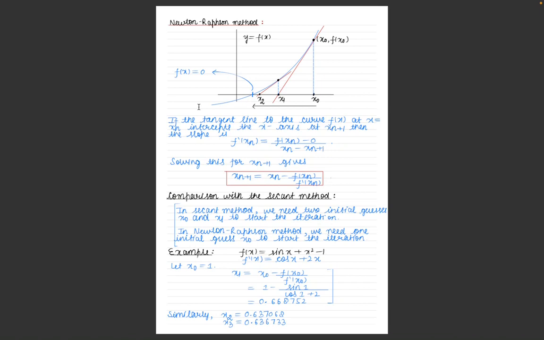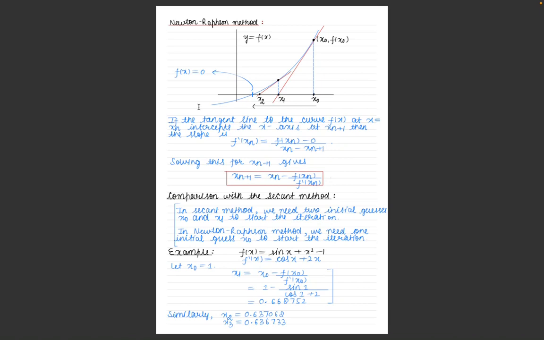Now let us consider an example of the Newton-Raphson method, how to do it. Let f of x be sin x plus x squared minus 1.